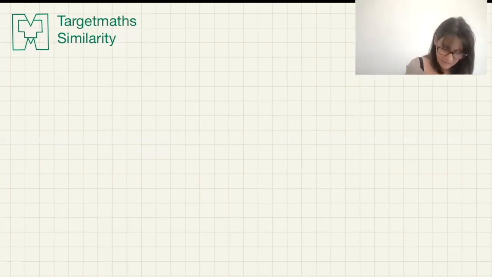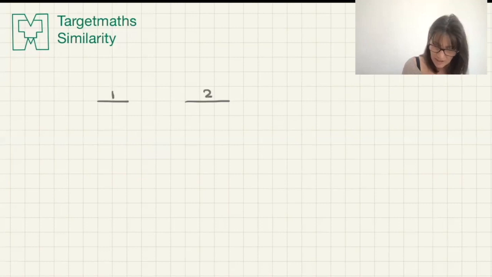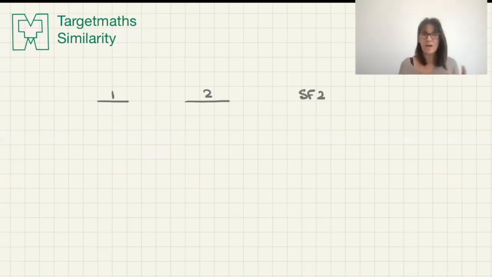So I know that if I've got the length, let's say I've got this length here and this length here, I'm going to call this length 1 and this length 2. I know that this is going to have a scale factor of 2. 1 times 2 is 2. So that's my length. That's just what we've been talking about.